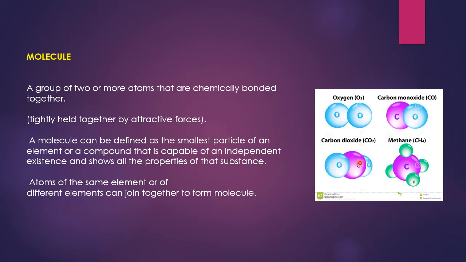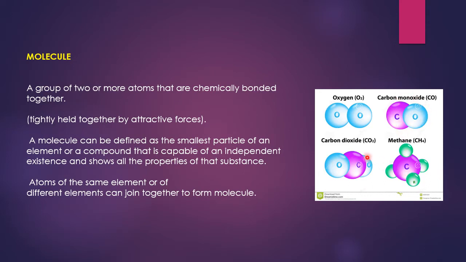So here you can see one atom of carbon and two atoms of oxygen, they combine together and then they form one molecule of carbon dioxide. Carbon monoxide. When one atom of carbon and one atom of oxygen combine together, carbon monoxide is formed. So this is molecule of carbon monoxide.